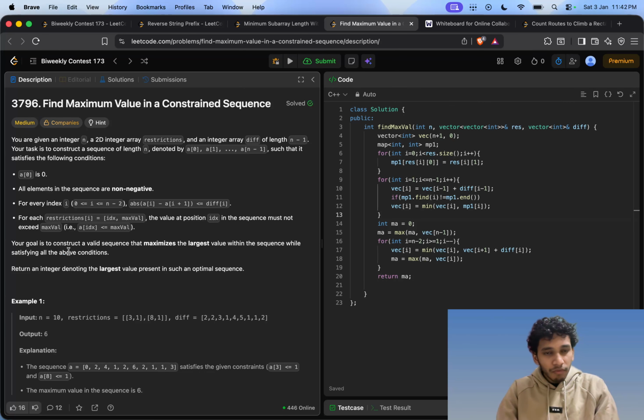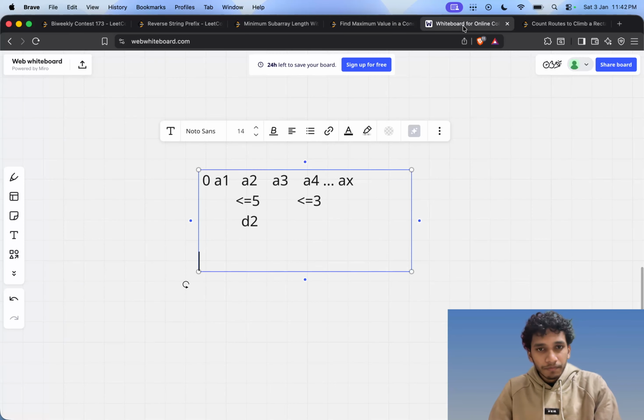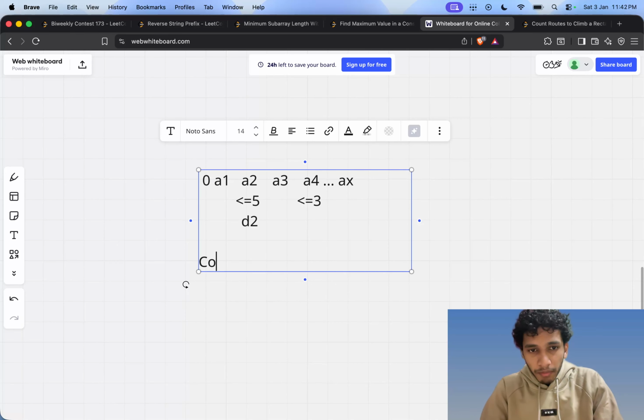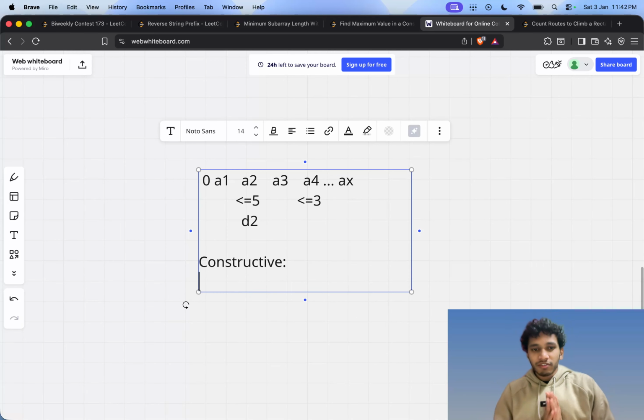The largest value should be maximized, and we need to return the largest possible value. So let's move from left to right and try to maximize. This problem is mostly constructive, so we just need to construct a sequence.